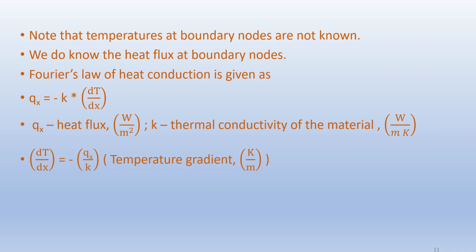According to Fourier's law of heat conduction, q_x = -k dT/dx, where q_x is the heat flux given in watts per meter squared, and k is again the thermal conductivity of the material in watts per meter Kelvin. Rearranging the above equation, we get dT/dx = -q_x/k. Here dT/dx is the temperature gradient given in Kelvin per meter.